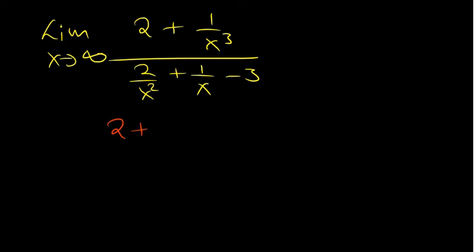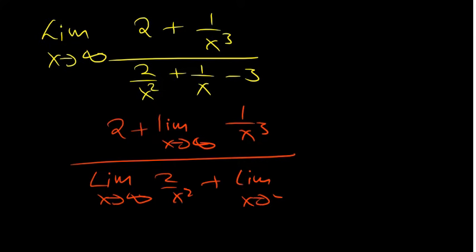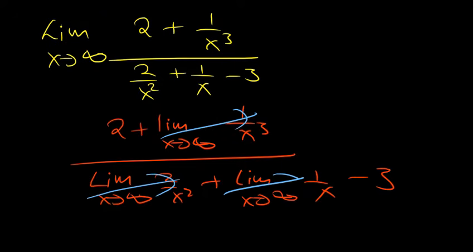So we have 2 plus the limit as x approaches infinity of 1 over x to the power 3, over, for the denominator as well, spare the constants, the limit as x approaches infinity of 2 over x squared plus the limit as x approaches infinity of 1 over x, spare the constants. Whenever the denominator is heavy, as we can see, all these parts will be equal to zero. So what remains is 2 over negative 3. So the answer becomes negative 2 over 3. The basic idea, if we go back to the question, is just to get the terms attached to the highest powers of x, and divide them. That gives you the answer.